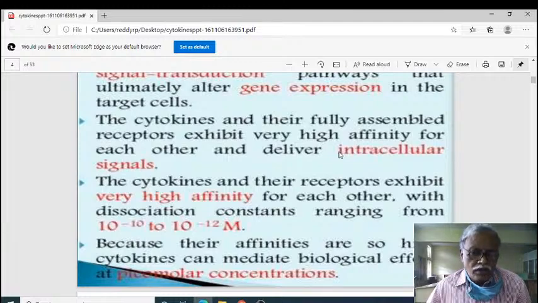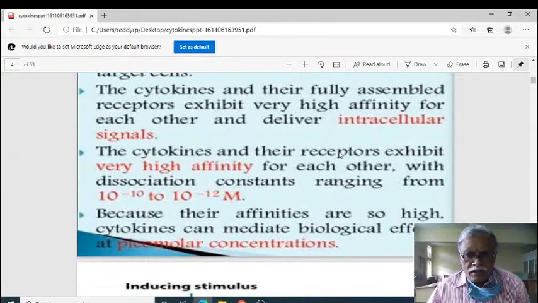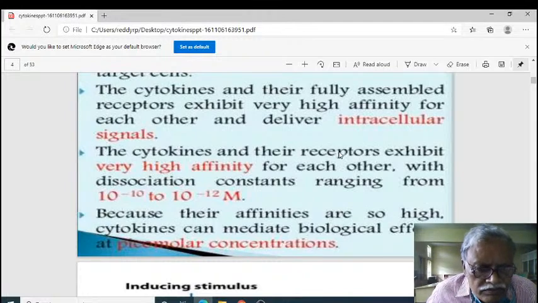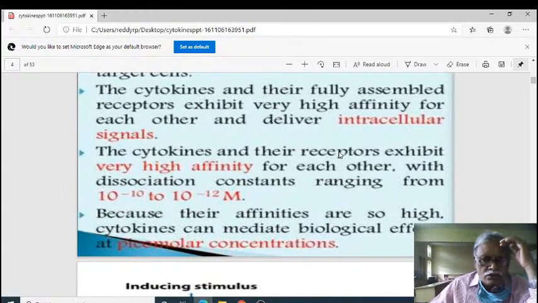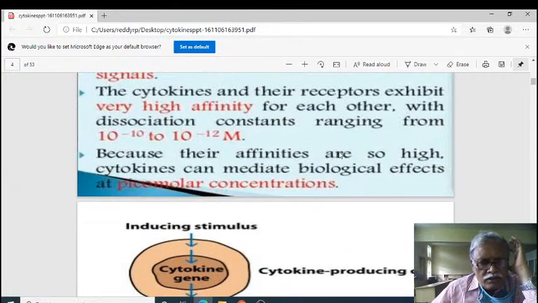The cytokines and their receptors exhibit a very high affinity for each other, with the dissociation constant ranging from 10 to the power of 10 to 10 to the power of 12 molar.